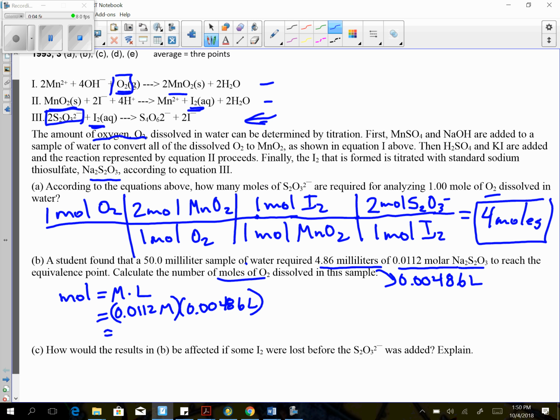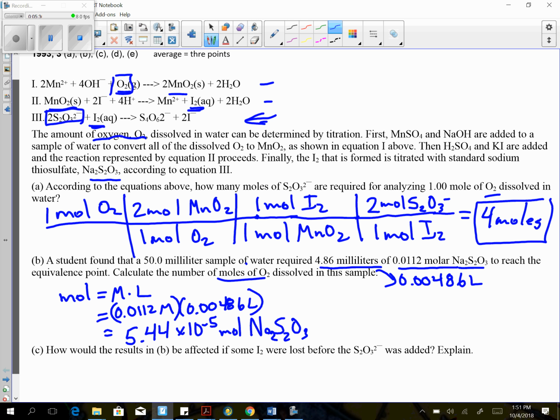We have 4.86 milliliters, which is 0.00486 liters. You get 5.44 times 10 to the negative fifth moles. And moles of what? This is actually the Na2S2O3, our sodium thiosulfate. Now we want to go from moles of thiosulfate to moles of oxygen.